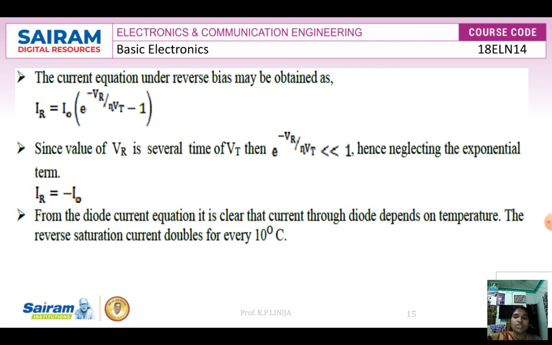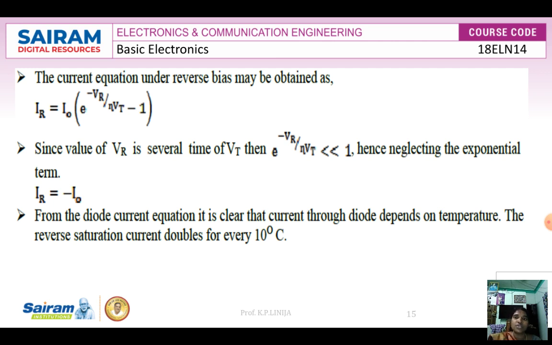Now the reverse voltage VR is several times the thermal voltage. Therefore, the exponential term has a value much less than one, which is negligible. So the whole term becomes 0 minus 1. The reverse saturation current IR is equal to I naught into 0 minus 1.